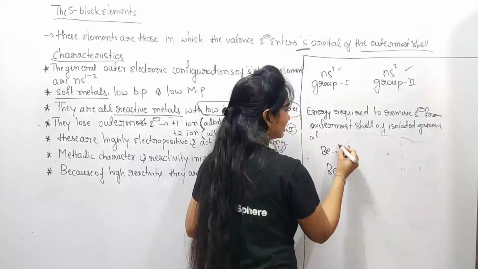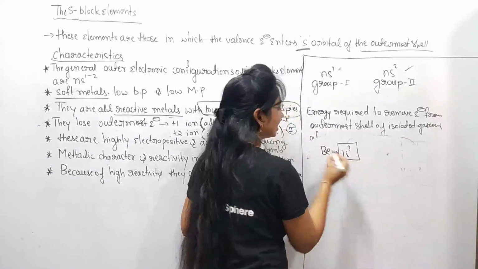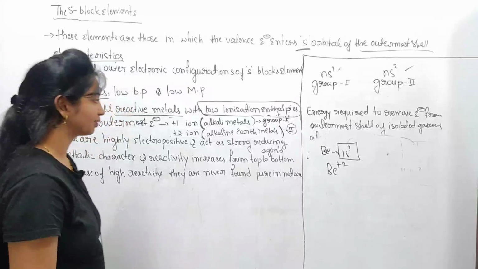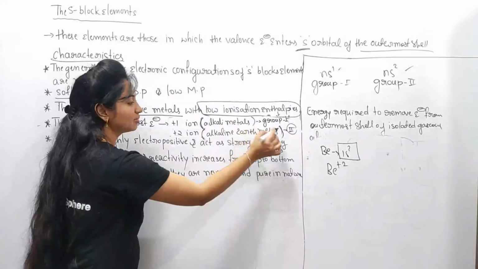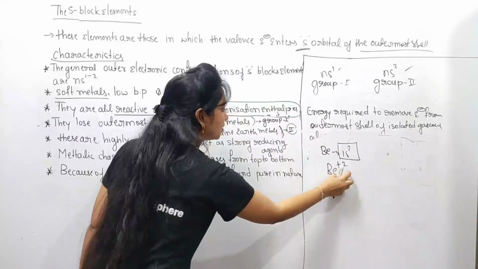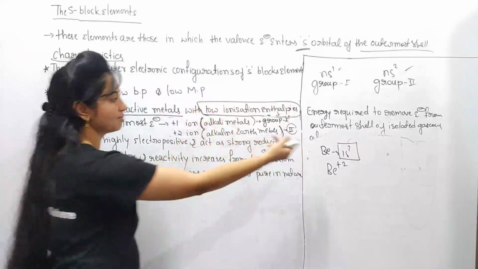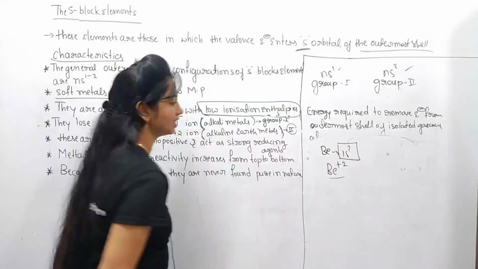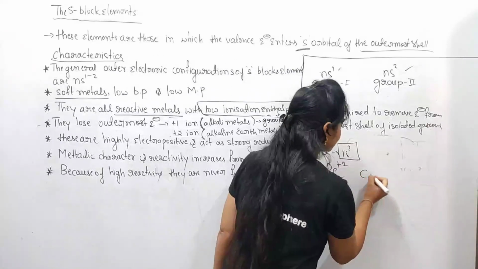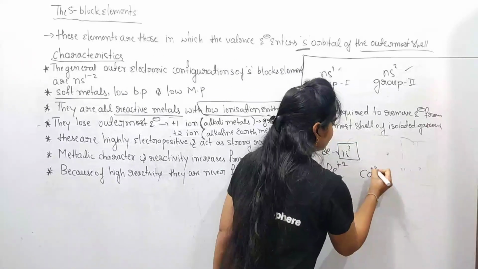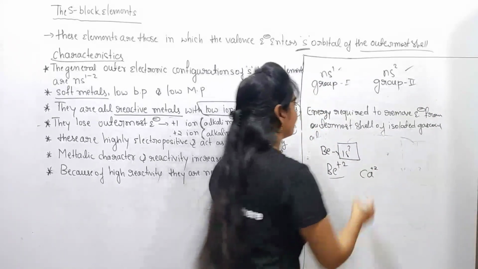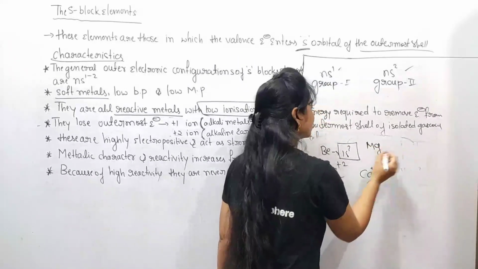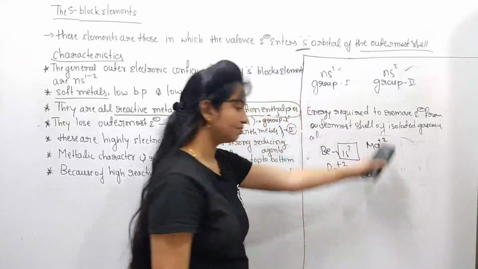By losing 2 electrons, it easily attains its stable configuration. So the alkaline earth metals lose 2 electrons to attain their stable configuration, and they become plus 2 ions, like beryllium plus 2. If calcium loses 2 electrons, it becomes calcium plus 2. Magnesium loses 2 electrons, then it becomes magnesium plus 2.